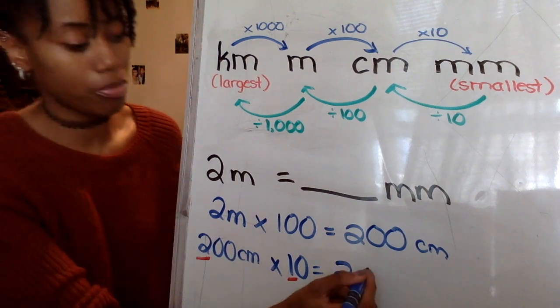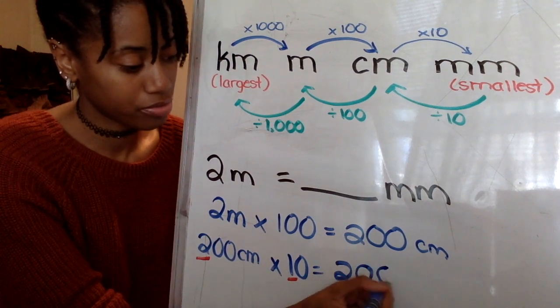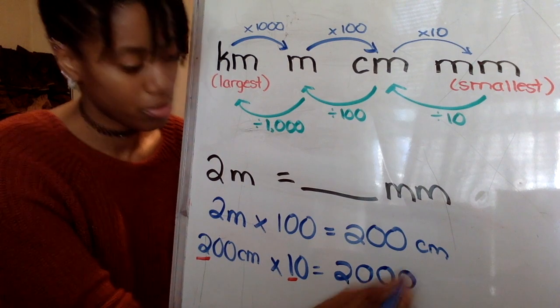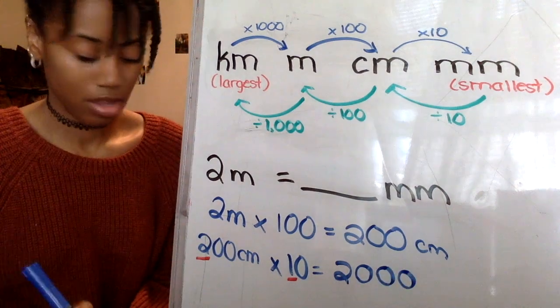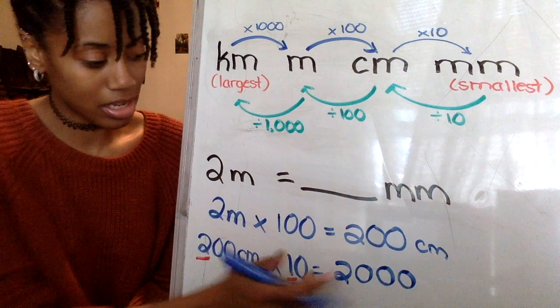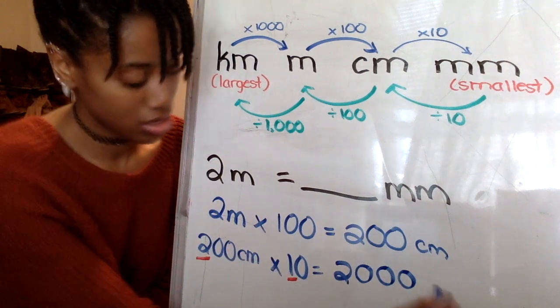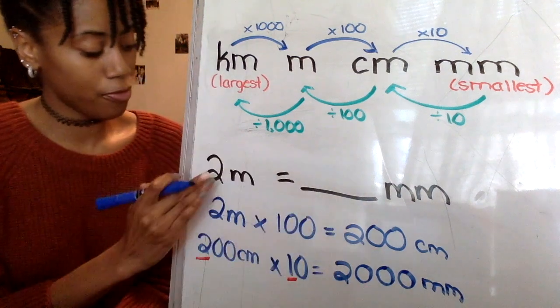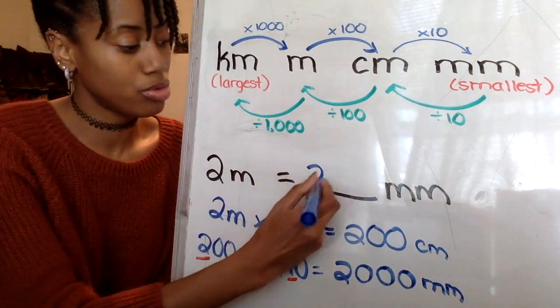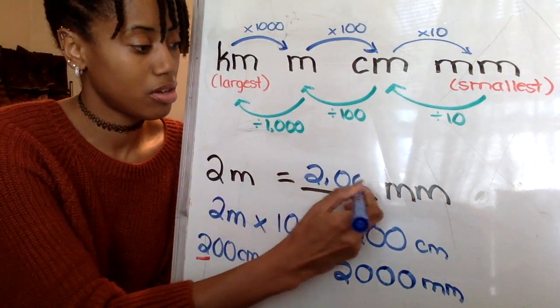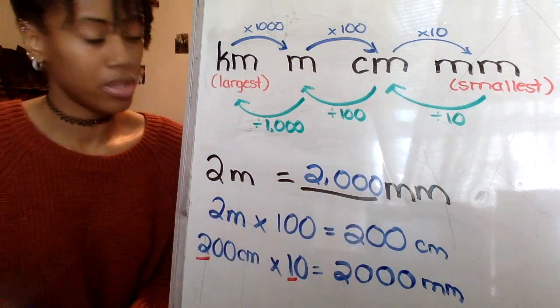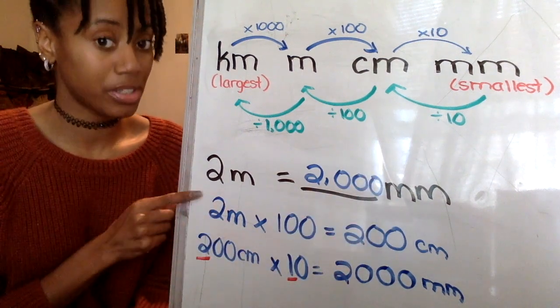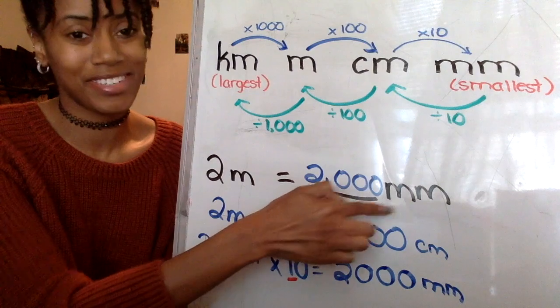So I'm going to put my 3 zeros there. 200 times 10 gives us 2,000. So this is 2,000 millimeters. Therefore, 2 meters is equal to 2,000 millimeters.